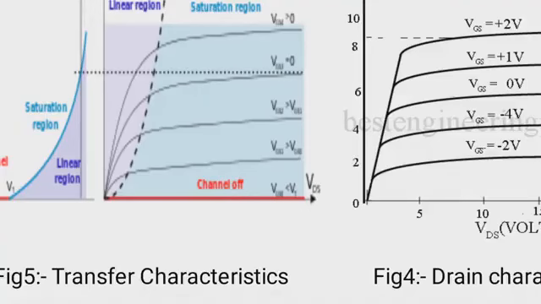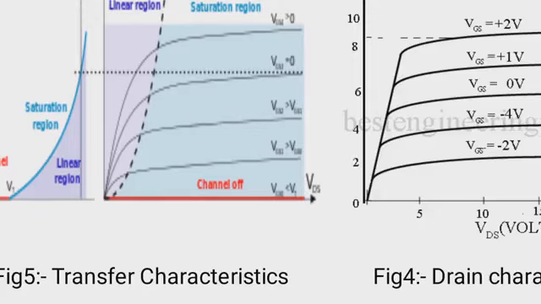This is the linear region. If we plot in the reverse direction, what will happen? Suppose this is minus 2 volt, and we get this point with respect to this plot, which is also minus 2 volt. Now when VGS is equal to minus 4 volt, for this particular plot we get a point over here.